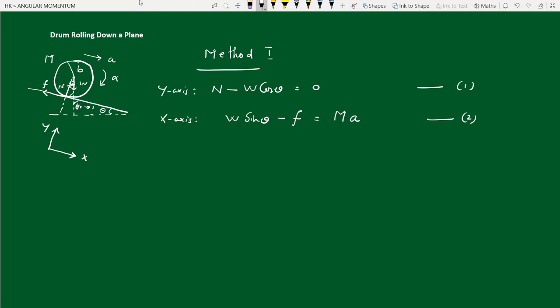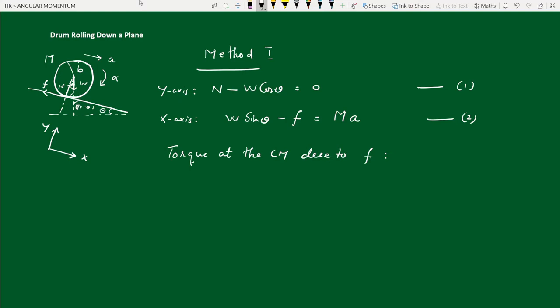So again, contribution from normal force also is 0. So the only contribution to torque comes from the frictional force F. So torque at the center of mass due to the frictional force F. So how do we calculate that?